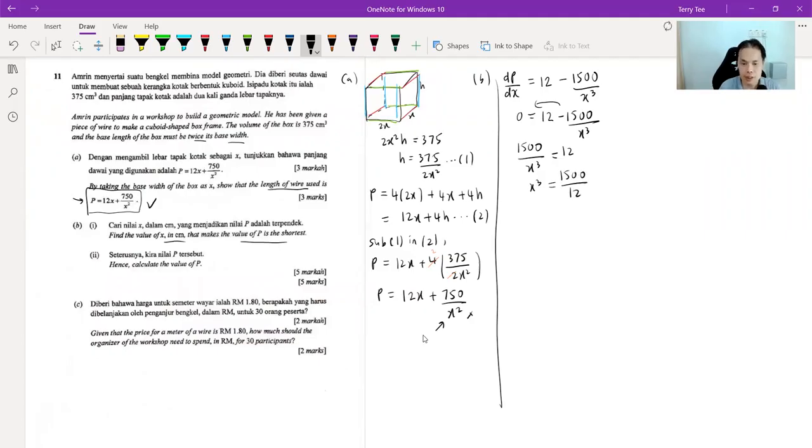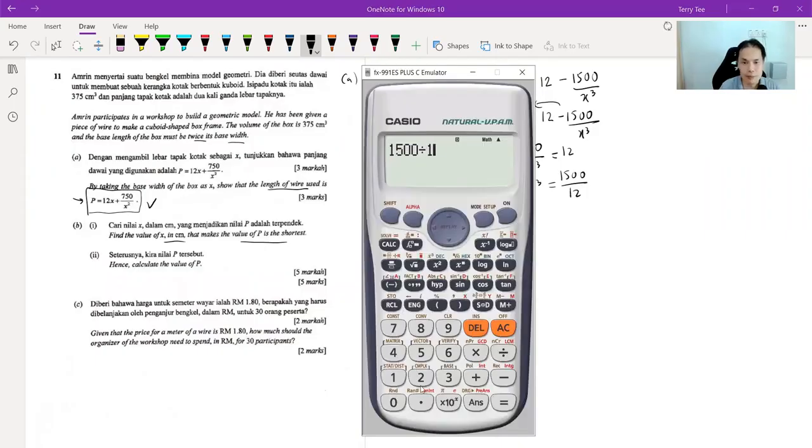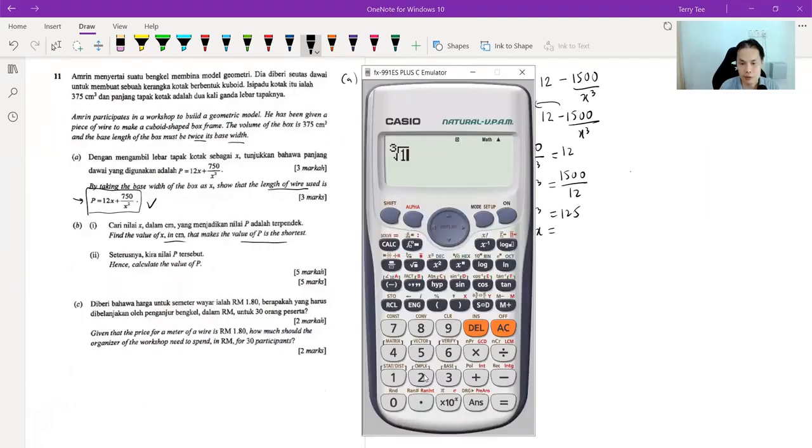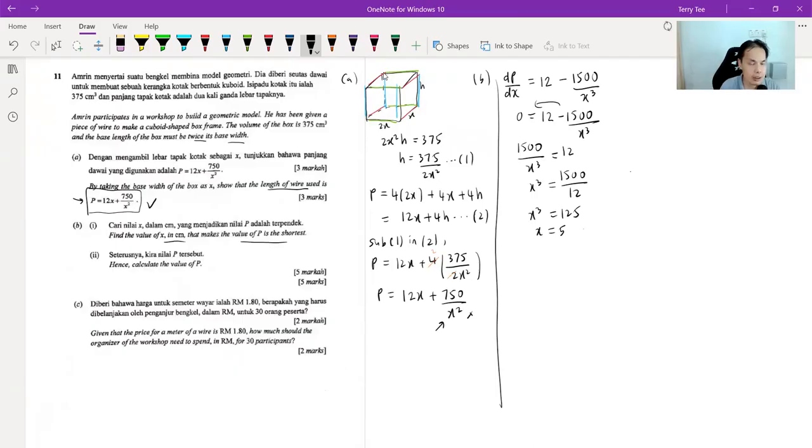I just switched the position. 1,500 divided by 12 gives us 125. If your x cubed is 125, cube root of 125, use your calculator, it will be just 5. So this is 5. I got my x value that makes P shortest.